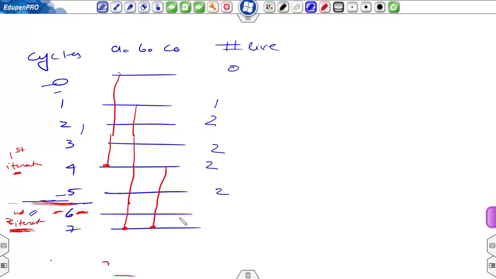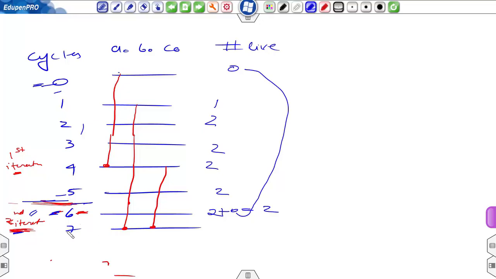The number of live variables at this point is 2. So what you have to do is refer to the previous iteration. This is the first cycle of the second iteration, so you refer to the first cycle of the previous iteration, that is the 0th one, and add the live variables present at that point to this value. So 2 plus 0 is 2.